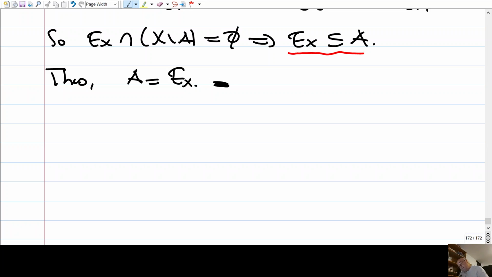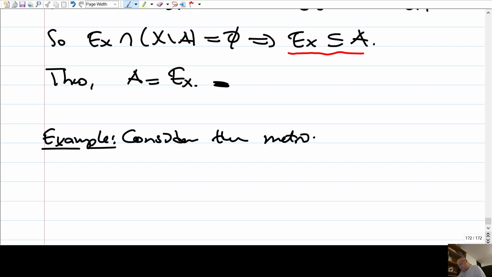And here is an example. Consider the metric space Q with the absolute value metric.